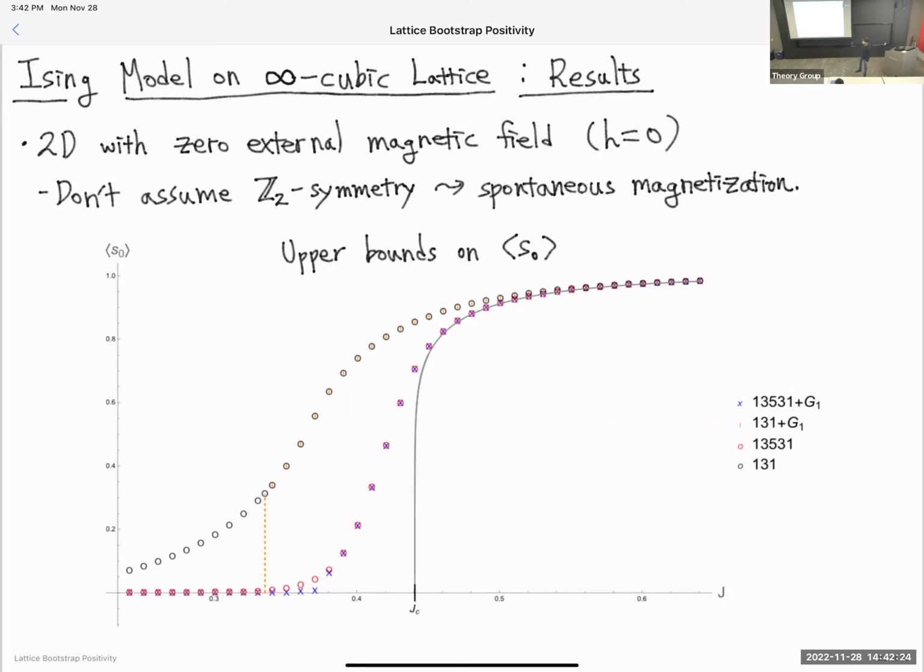But when you compare how it got better from 131 to 13531, you kind of see that even if you impose just the reflection positivities, if you increase your diamond size big enough, it's going to converge. That's actually one of our conjectures: if we consider just the reflection positivities and a big enough region, that should probably suffice. That's our expectation, let's say.